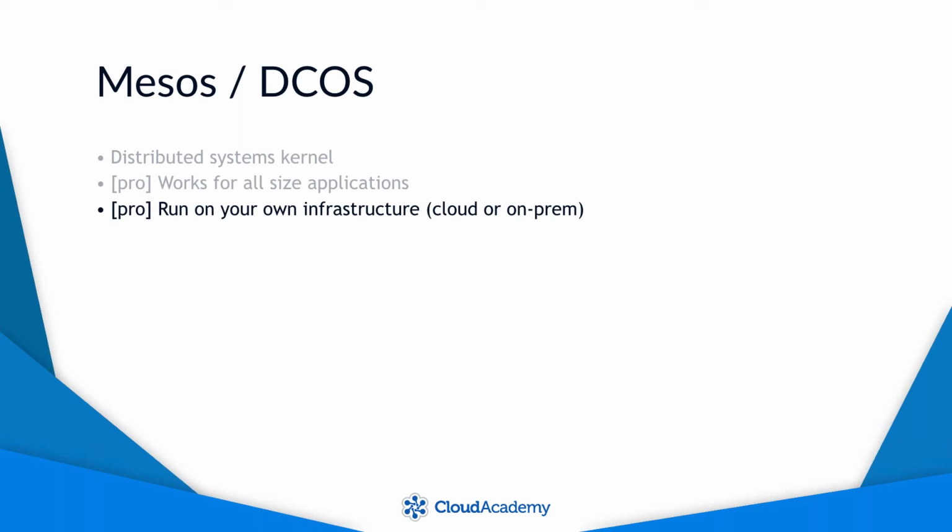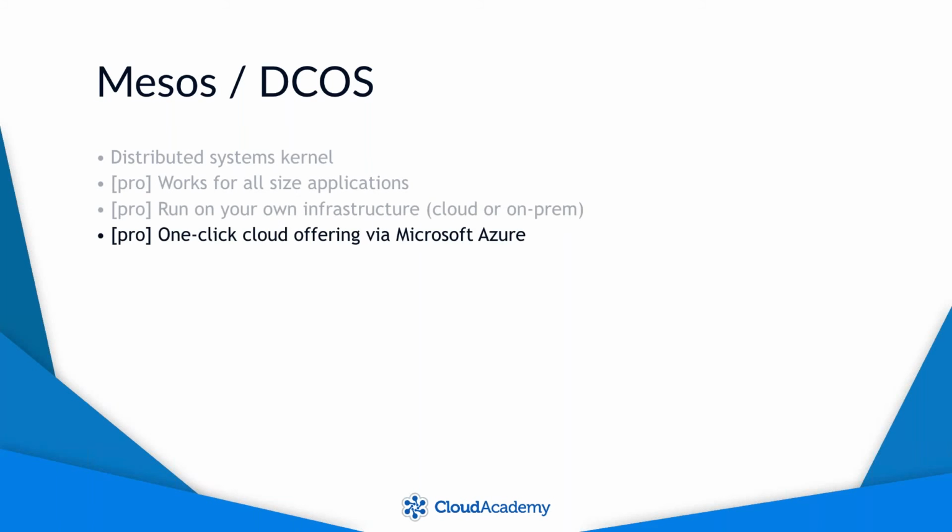Again, you can run this on your own infrastructure, and if that's not your bag, Azure actually has a one-click hosted offering. I've not used it, but I was quite surprised and happy to see that you can get a hosted solution from a cloud provider.